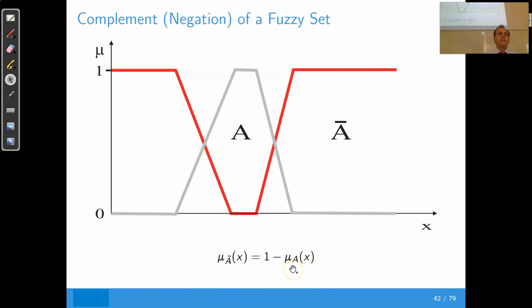If you remember, the fuzzy membership function has a range between 0 and 1, so 1 minus this membership function represents the complement of this fuzzy set, which is represented in red. It's quite simple. It is normally indicated with a bar over the capital letter.